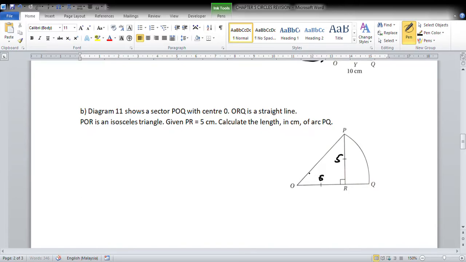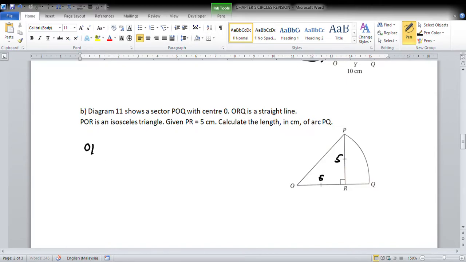If you want to calculate the length of arc PQ, we have to know the radius. So you have to find the length of OP. You know here is 90 degree, right? So OP is the hypotenuse.